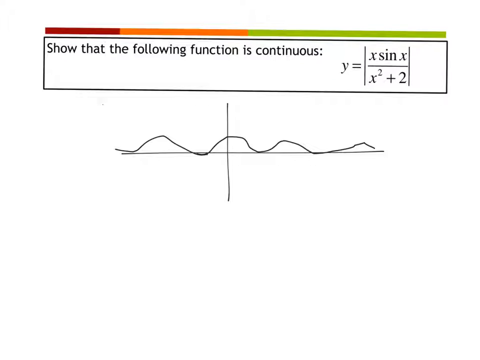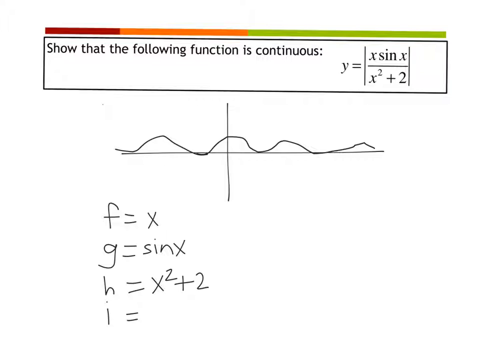So for instance, and stick with me here because it's a little bit complicated, if I call f just the function x, if I call g sine x, if I call h x squared plus 2, and I will have a function I, which is the absolute value of x. I have 4 different functions here that I created for fun.